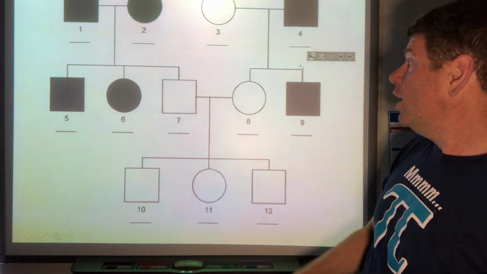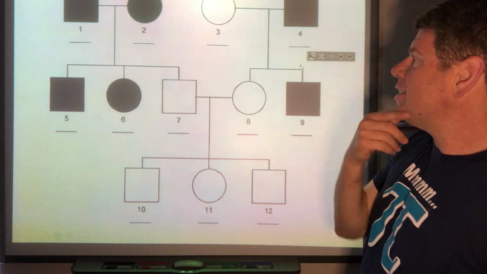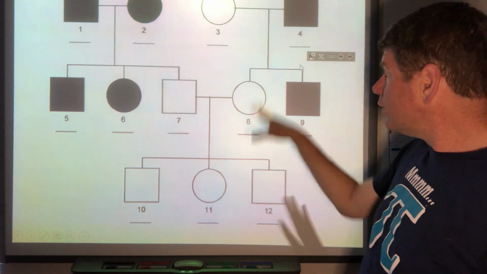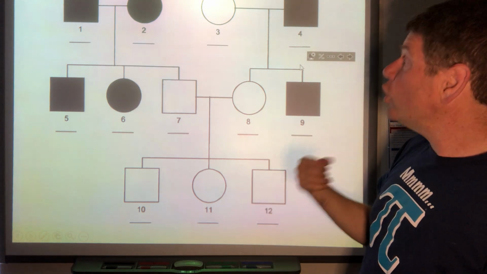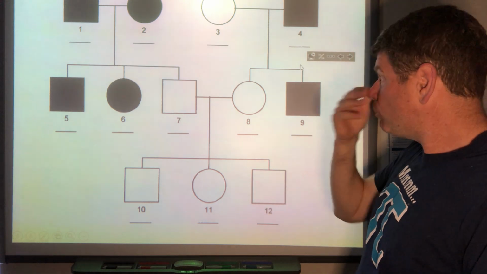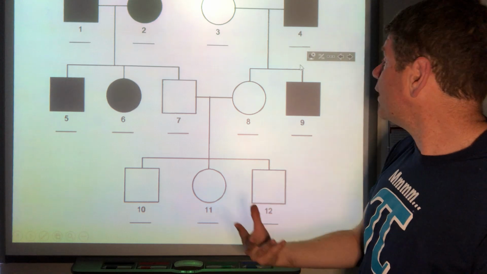So it's definitely not autosomal recessive. Now we might think, hey, I don't think this is sex-linked. I see 2 females, 4 males. However, guys, I've looked at this one carefully, and it could be sex-linked. But if it's sex-linked, it has to be dominant. It can't be sex-linked recessive.